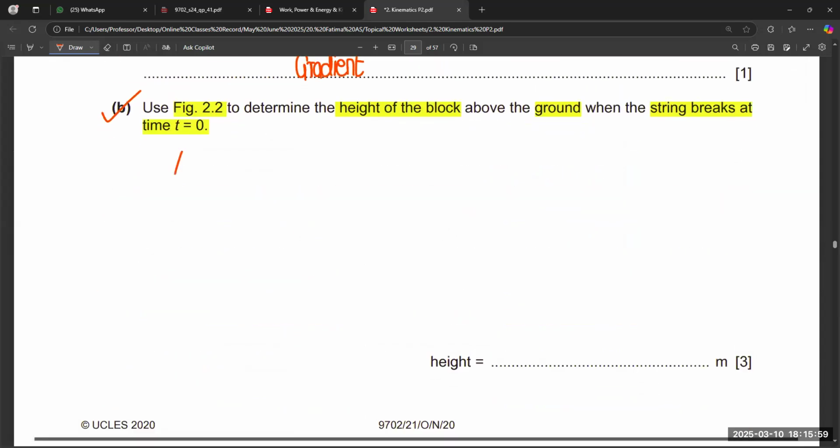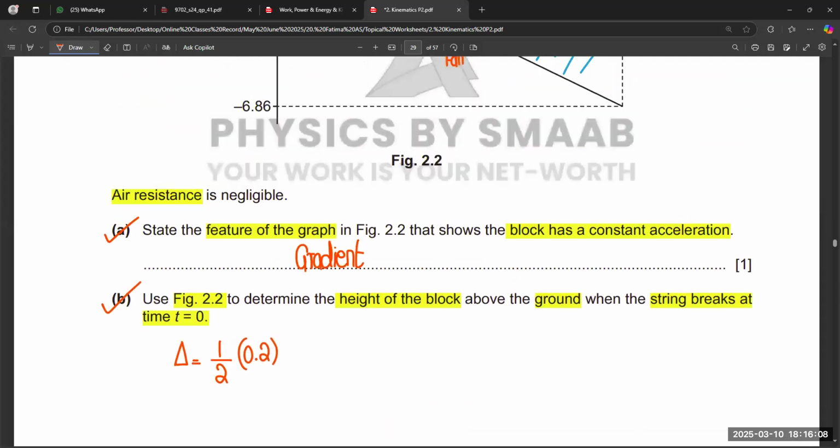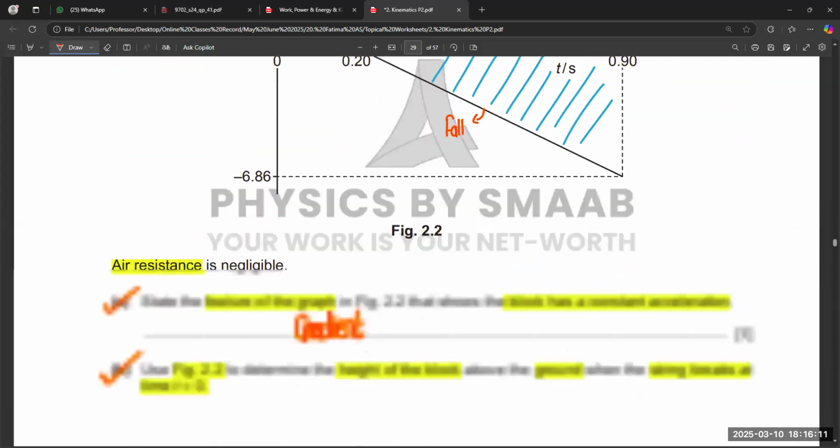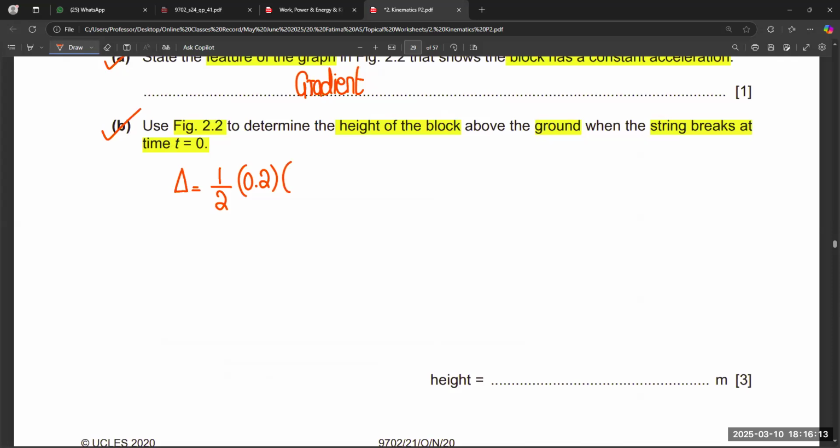So the first distance is equal to the area under the curve, 0.2 into 1.96 divided by 2. Point 196.